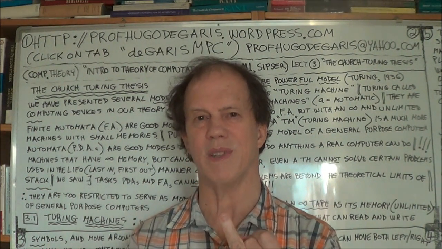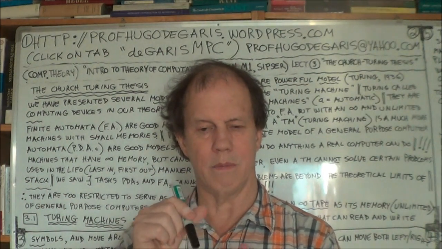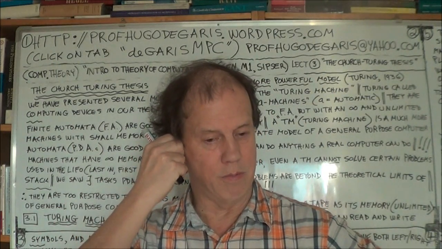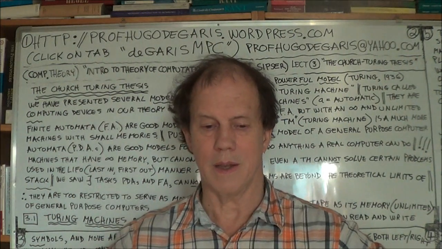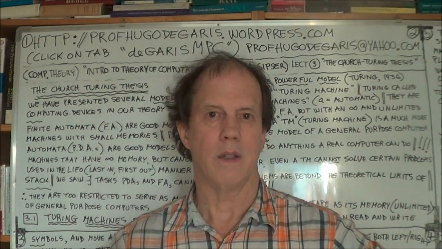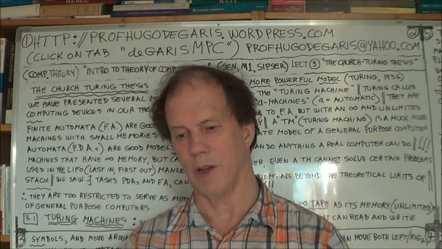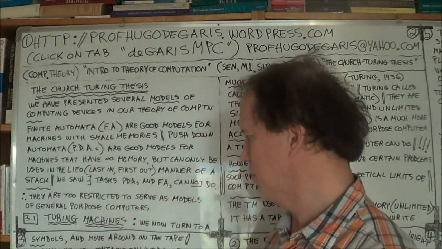That would be redundant, just inefficient. So your next move of the read-write head is to move 1 square to the left or to the right, and you indicate that by just 2 letters, L or R, left or right. Okay. So that's an overview, and next session we'll get into a bit more detail.